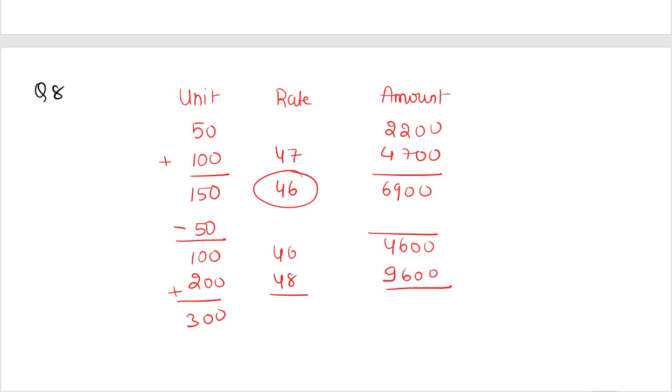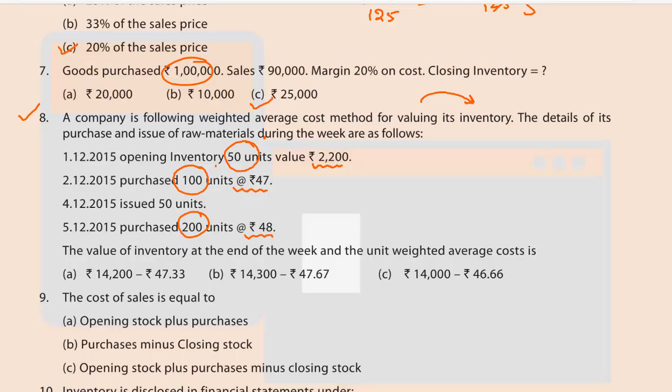The total is 14,200, 47.33 average. Let us see the answer now. 14,247.33. The answer is A.